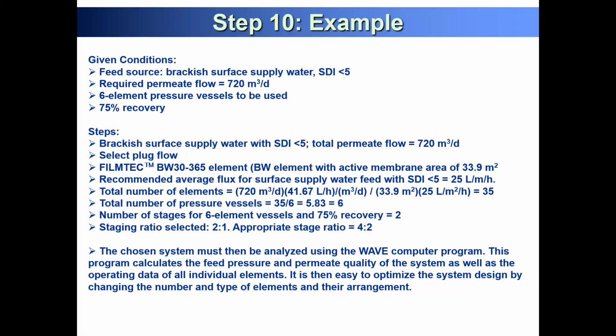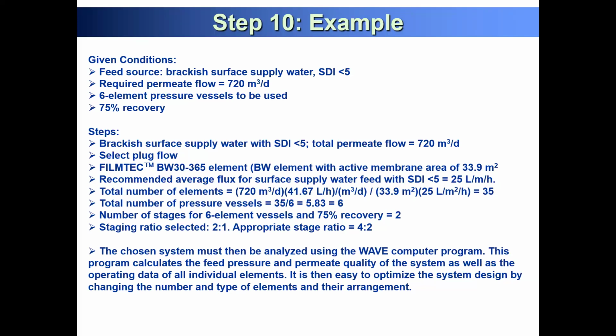So what stage configuration do we select? With 6 elements and 75% recovery, because the water recovery is 75%, we'd like to have 2 stages rather than 1 stage, because 1 stage will give a lower water recovery.